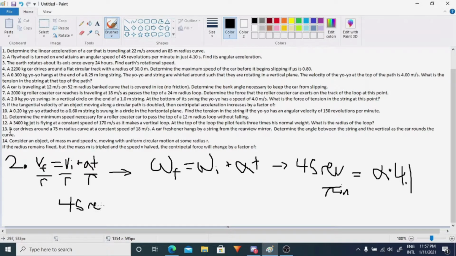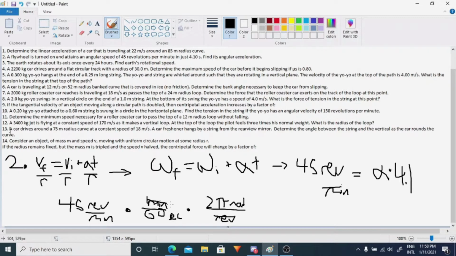So 45 revolutions per minute times 1 minute per 60 seconds, which converts this to revolutions per second, times 2 pi radians per 1 revolution.